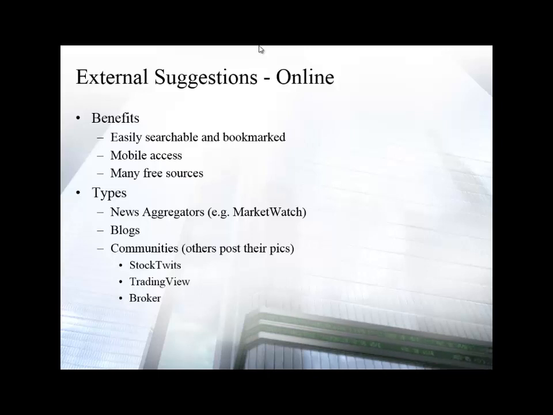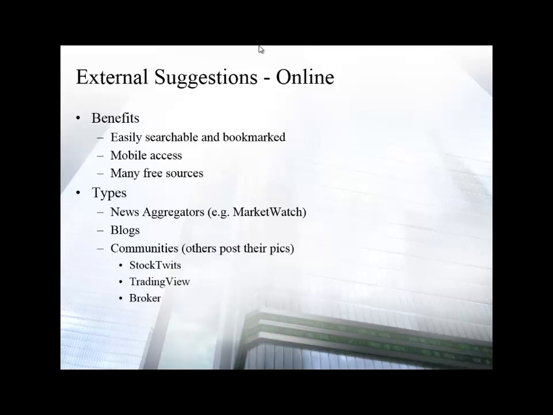Another avenue of suggestion is online. The benefit is it's easily searchable. Everybody's got Google, Bing. You type in a company name, type in anything on stocks, and you're going to get a million responses. It's also available through mobile access, so if you've got a tablet or phone, you can research and do all this stuff online from anywhere you have a connection.